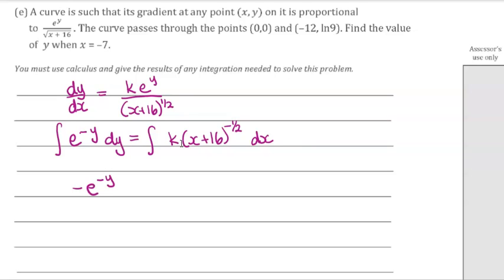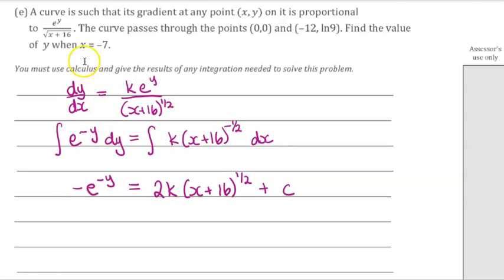So if we integrate e to the minus y, we get minus e to the minus y, and the right hand side integrates like this, remembering k is just a constant, and that's used the chain rule to integrate this feature just here. And then finish it off with a plus c.